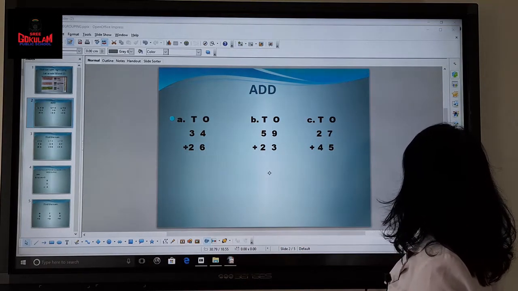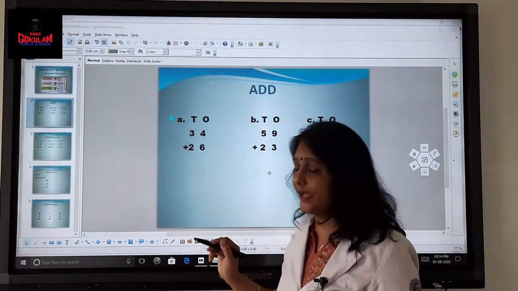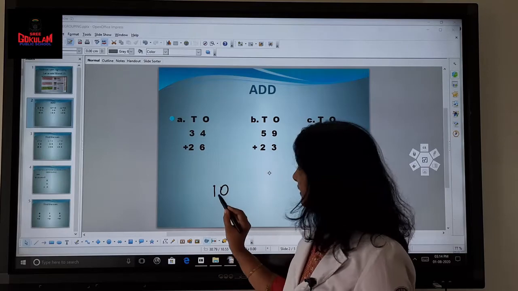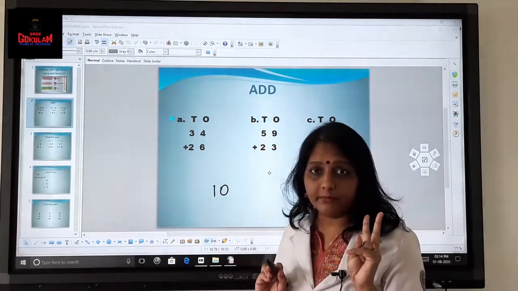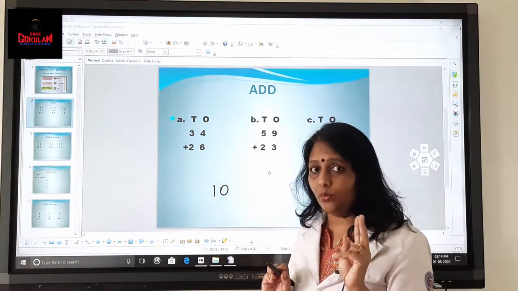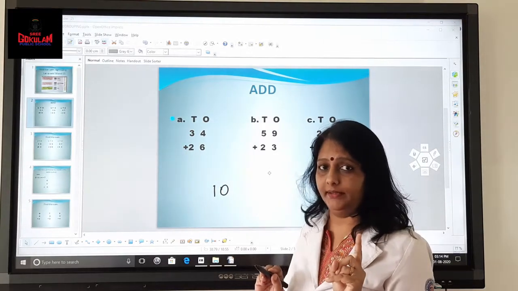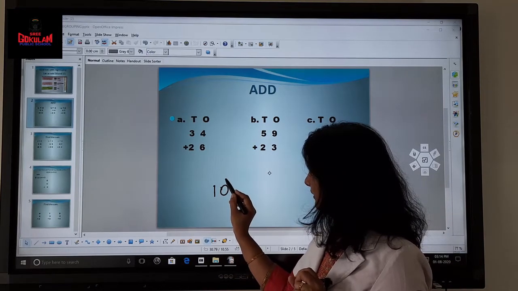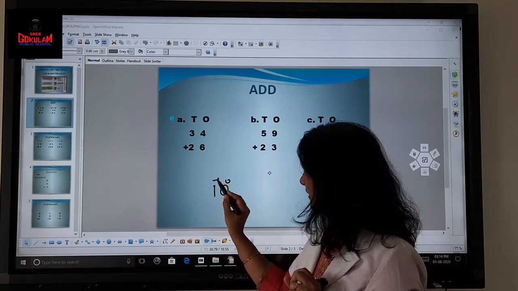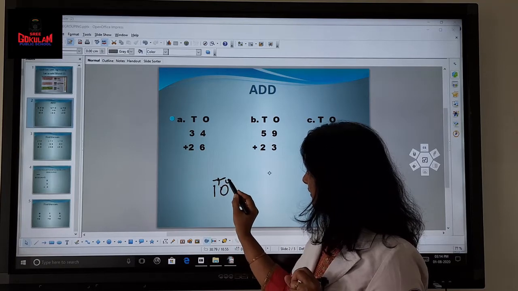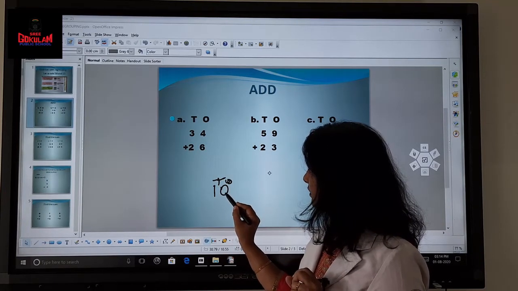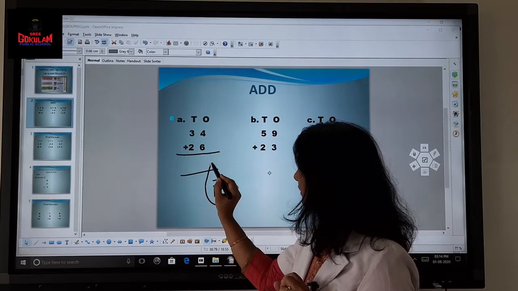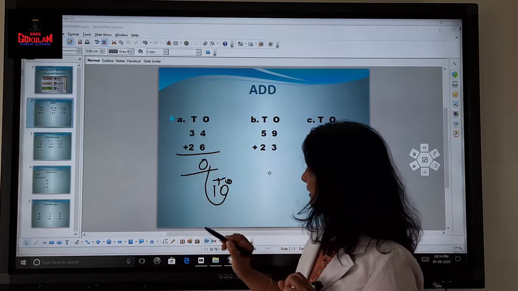Yes, 4 plus 6 is 10. And 10 is a two-digit number. We can write only one number in the ones place. Here, ones and tens. 0 is in the ones place. So, this 0, we will write in the ones place.